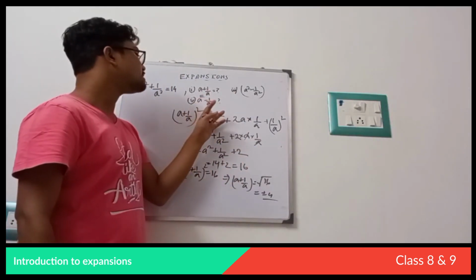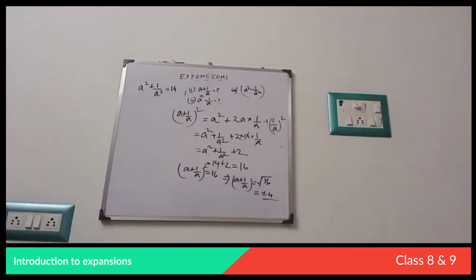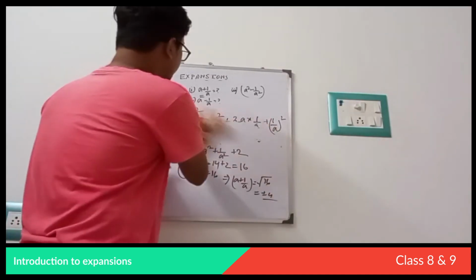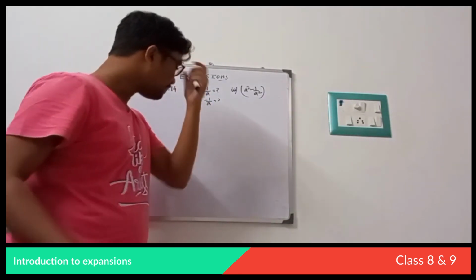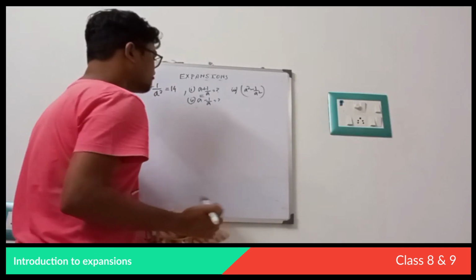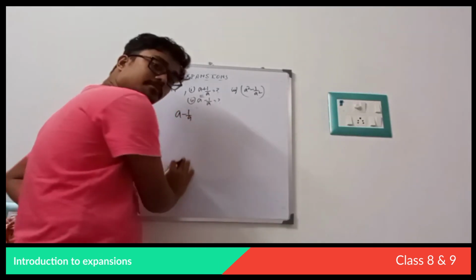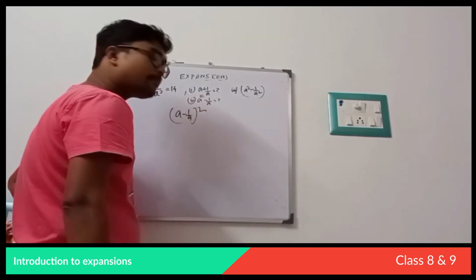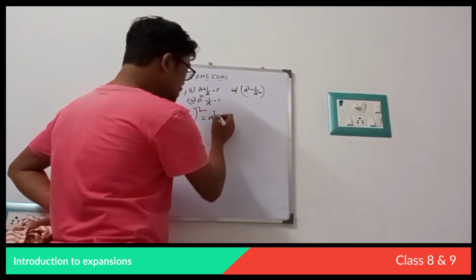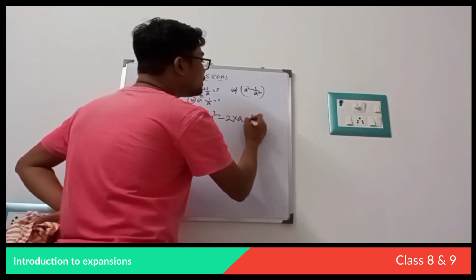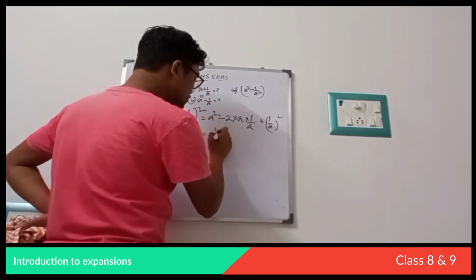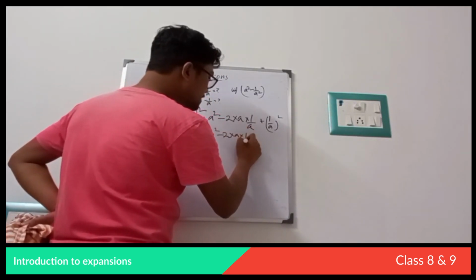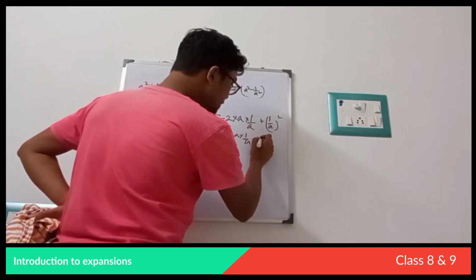Now we have to find a minus 1 by a. So again I define a minus 1 by a whole square. That becomes a square minus 2 into a into b plus b square. What will we get? A square minus 2 into a into 1 by a plus 1 by a square.